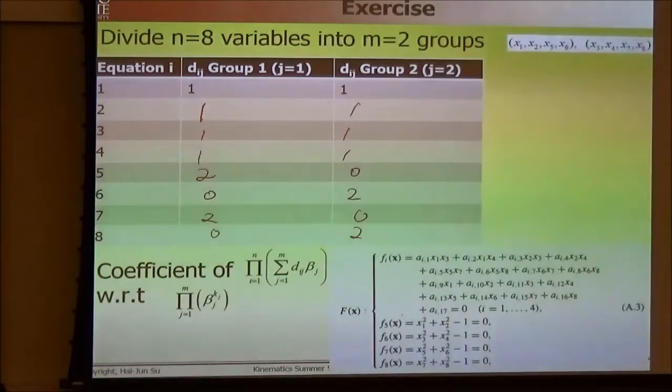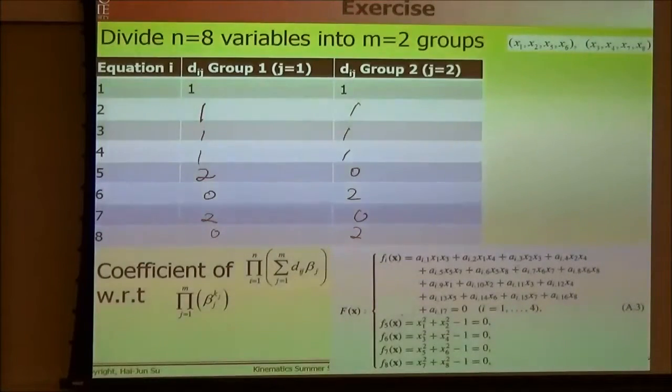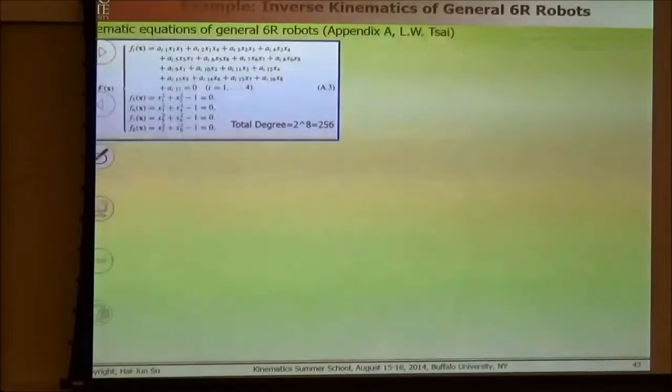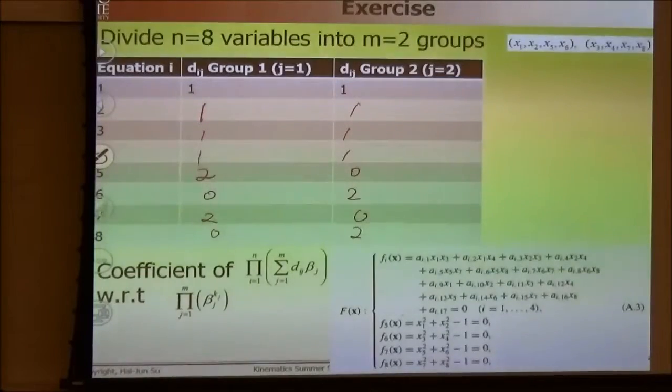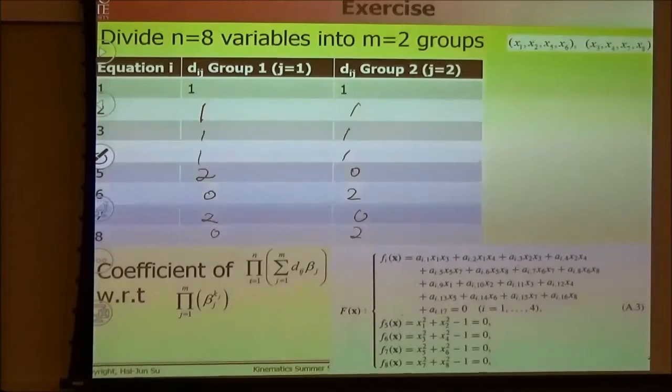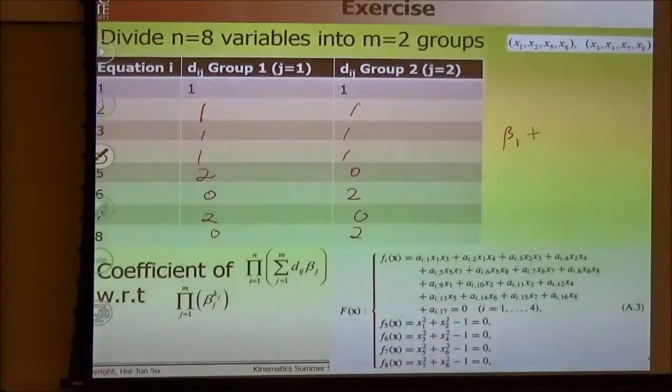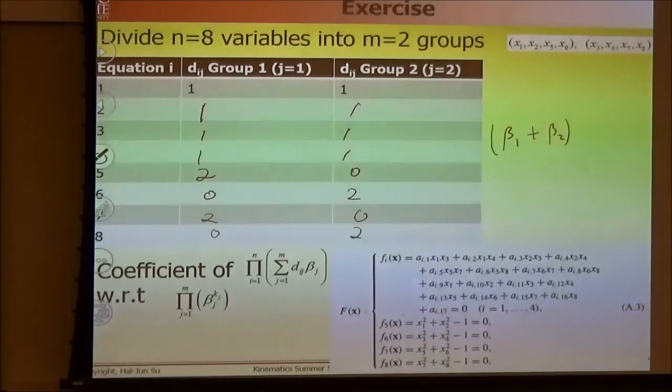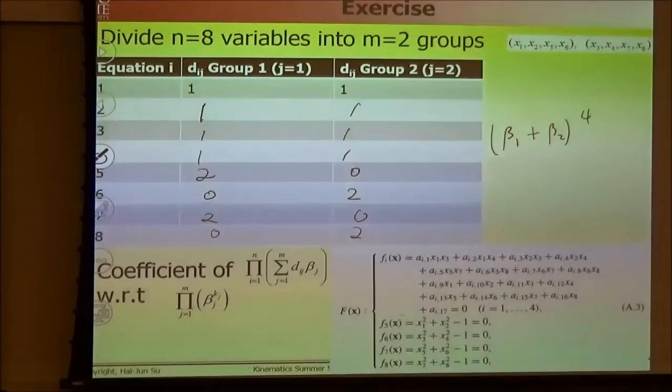calculate this, which is nothing more than D1, that's beta 1. Because I have 4 of them, it's exactly the same.